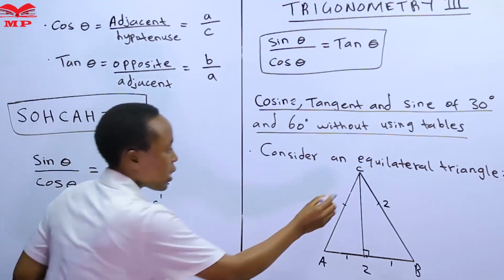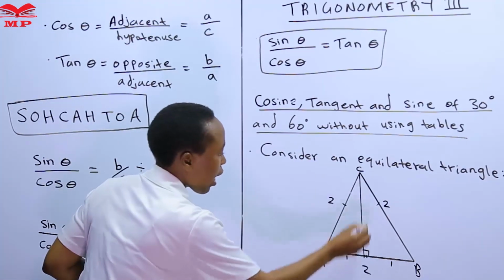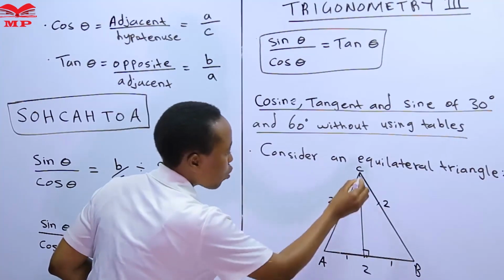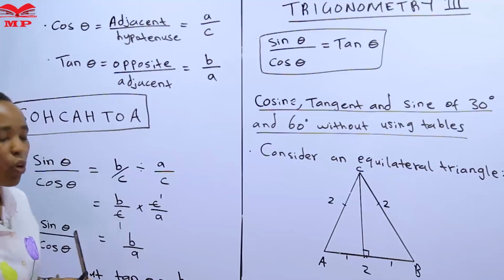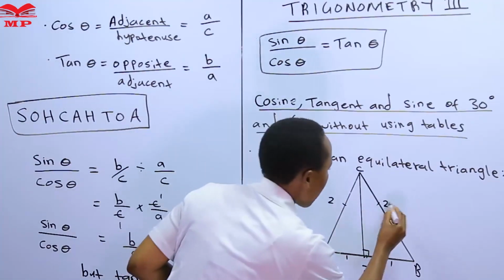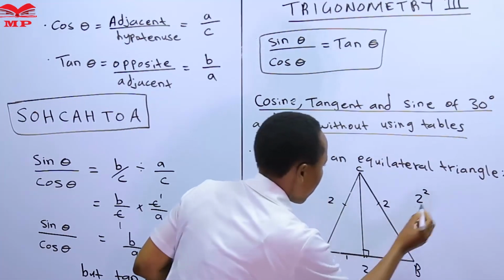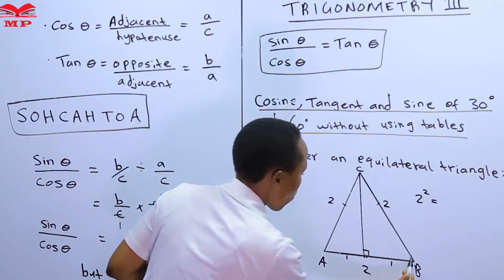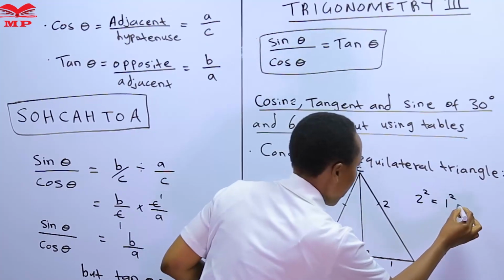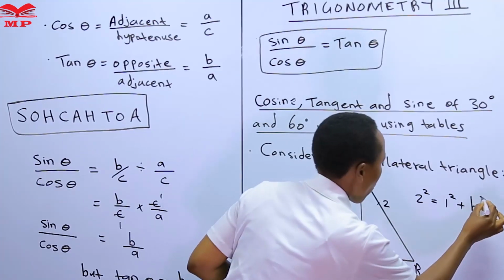If you want to get the height of this triangle from this point to this point here, we have to use the Pythagoras theorem, whereby the hypotenuse squared is equal to the base squared, that is 1 squared, plus the height squared.